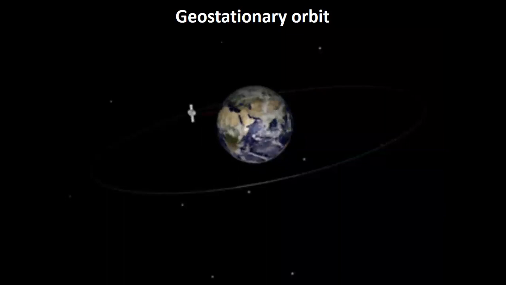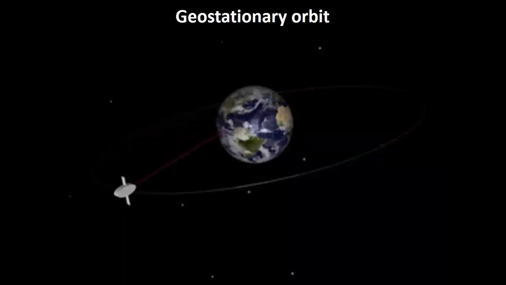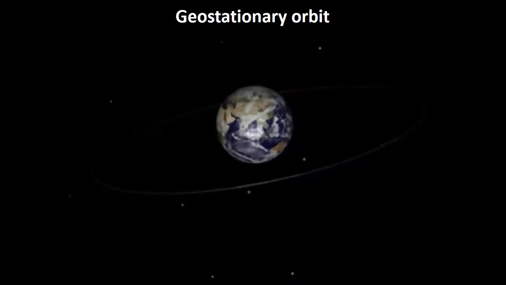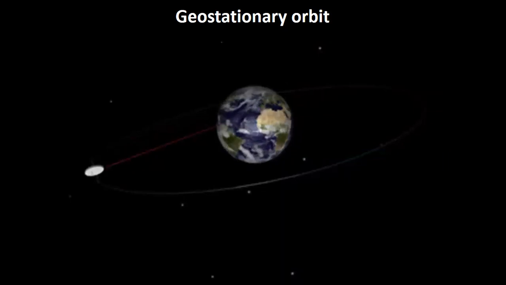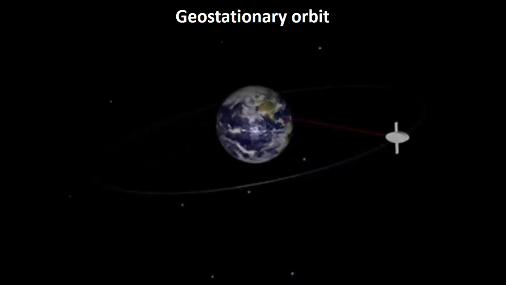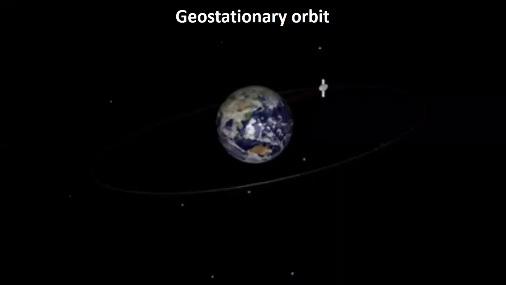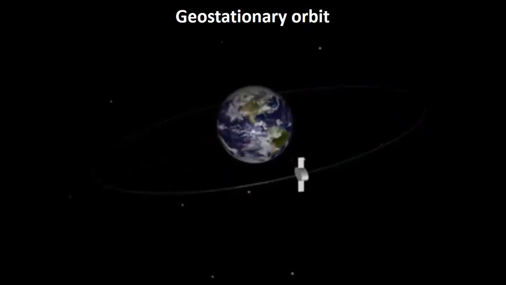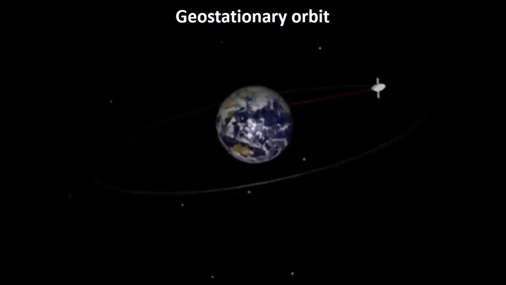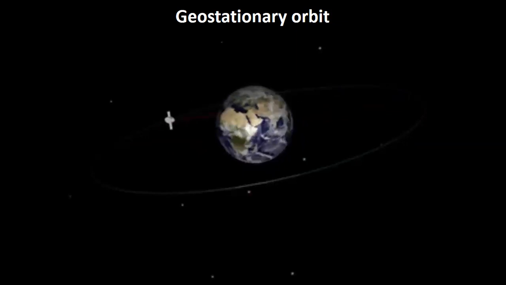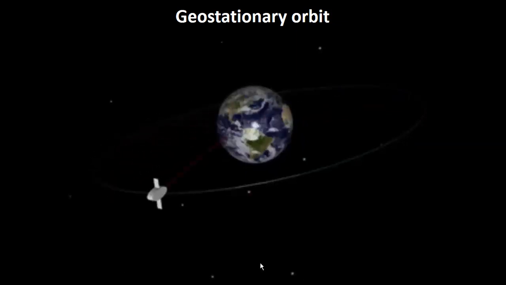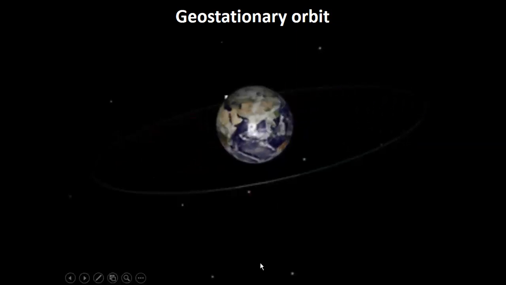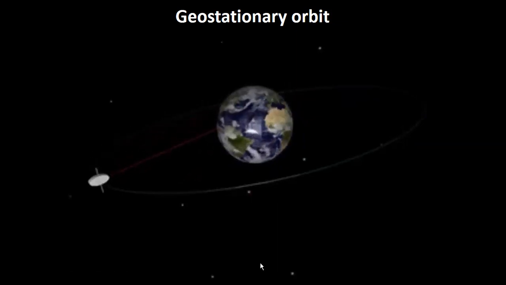Also, we could mention there are two special types of orbits, and one is the so-called geostationary orbit, when the satellite is orbiting Earth on the equatorial orbit, but with the same speed, the same rotation velocity as the Earth's own rotation. So it means that the satellite all the time is looking at the same site, at the same point on the Earth.